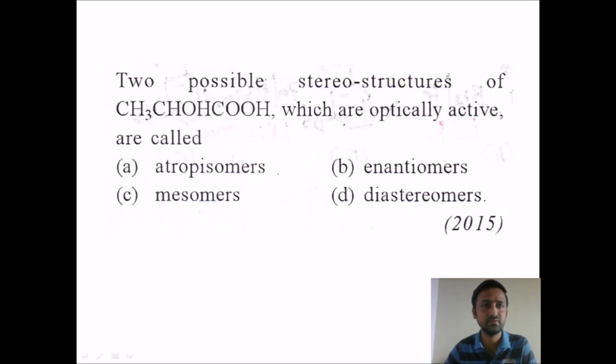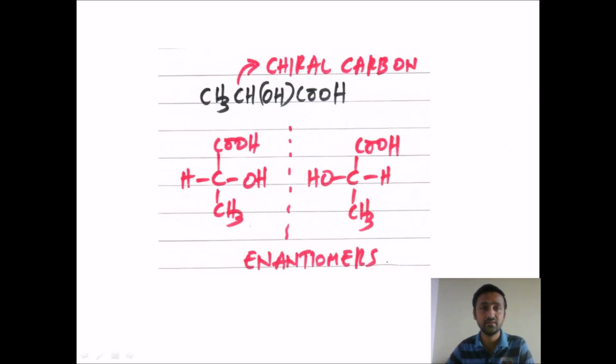Okay, next question now. Two possible stereo structures of a molecule are given here. You can see CH3CHOHCOOH, which are optically active. We need to guess what we call those structures. By seeing the structure, one thing is clear: this carbon is a chiral carbon, because it is attached to four different groups here: methyl, one hydrogen, one hydroxy and a carboxyl group.